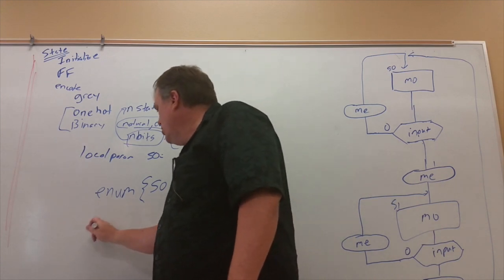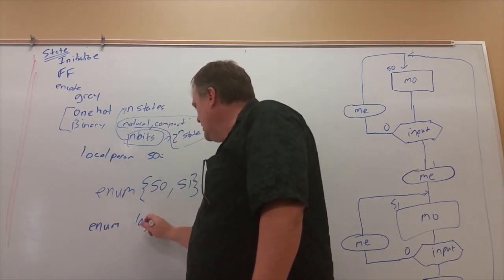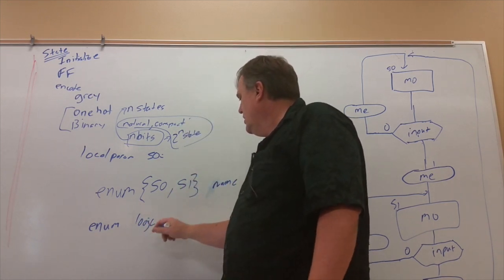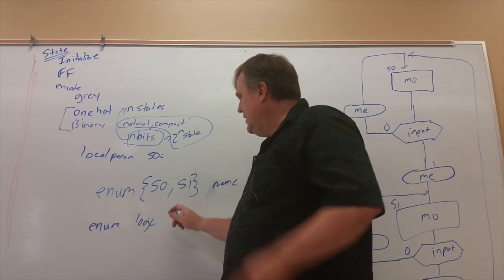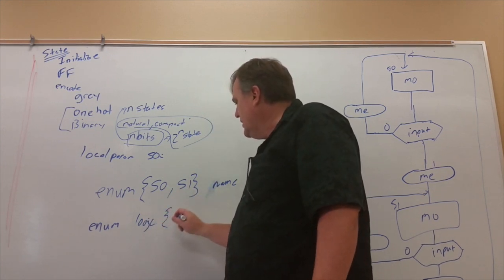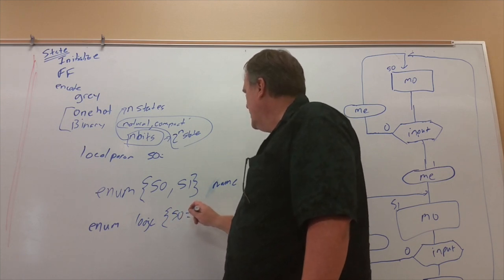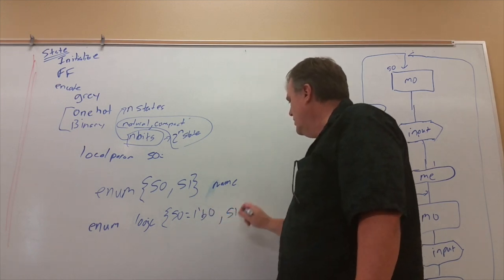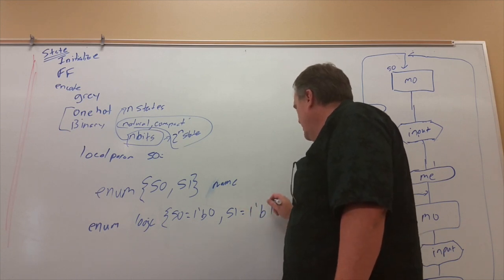We can also do an enum where we have, say for instance, logic, and let's say I just specified one bit here. So I could say logic and then S0 equals 1-bit binary 0, and S1 equals 1-bit binary 1.